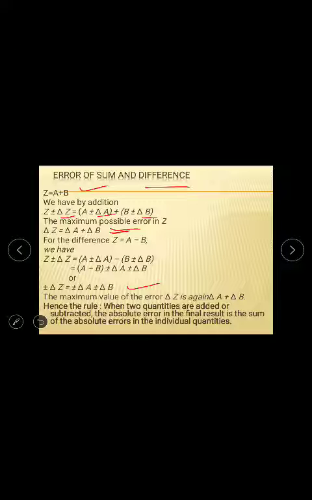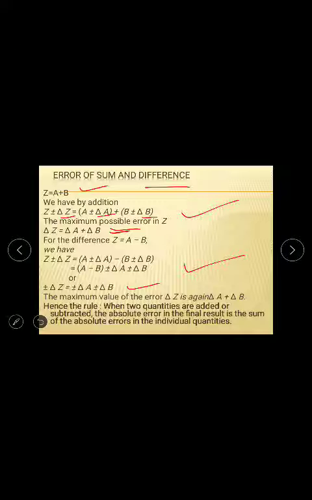When two quantities are added or subtracted, firstly we have added, secondly we have subtracted, the absolute error in the final result is the sum of the absolute errors in the individual quantities. See, the absolute error we always have to add.